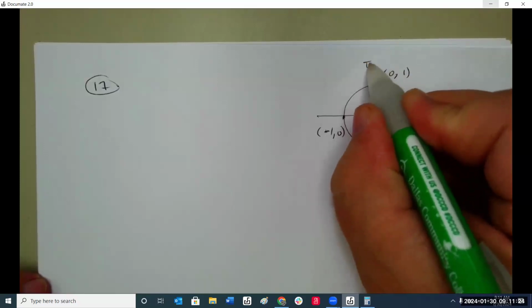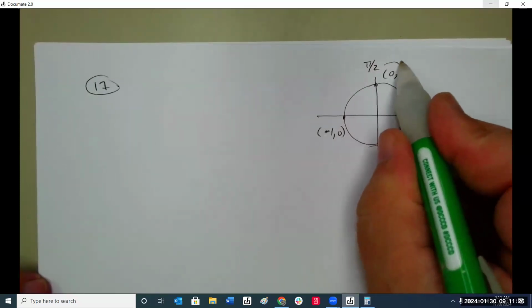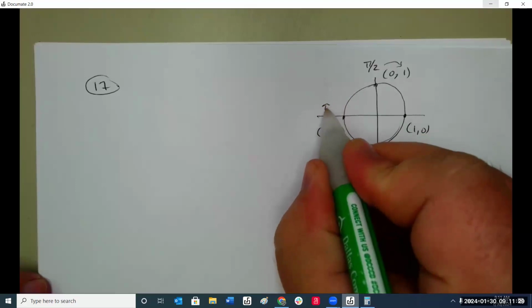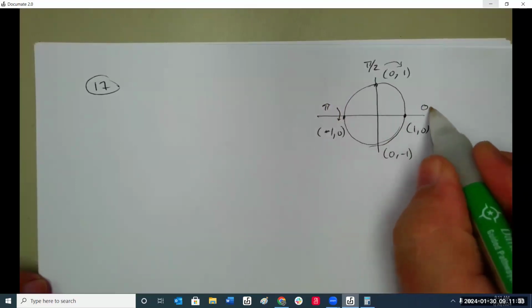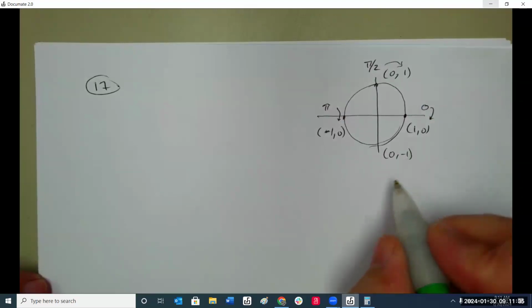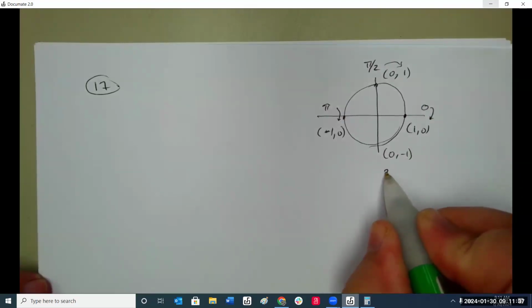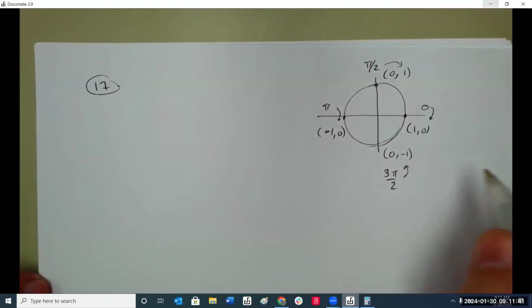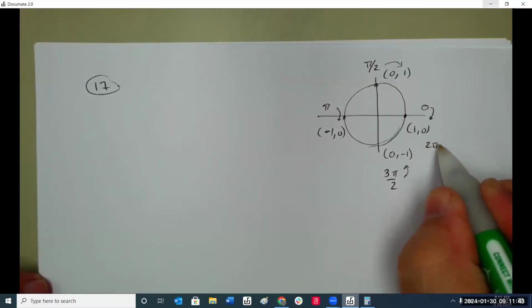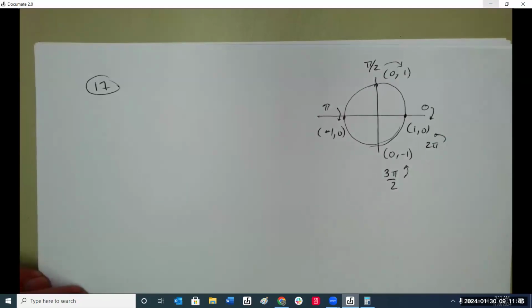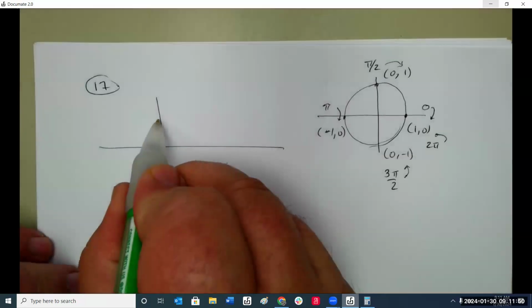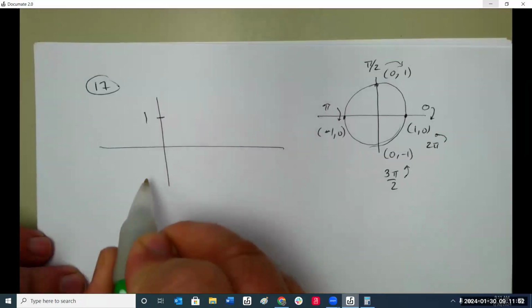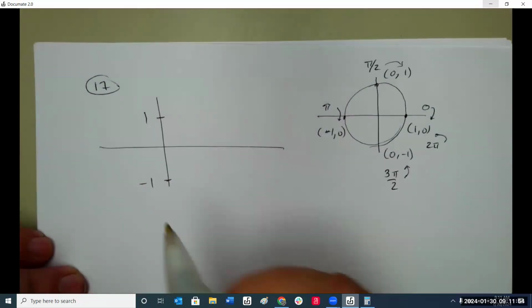So at pi over 2, sine is 1. At pi, sine is 0. At 3 pi over 2, it's -1. And at 2 pi, it's 0. So the range is from -1 to +1.